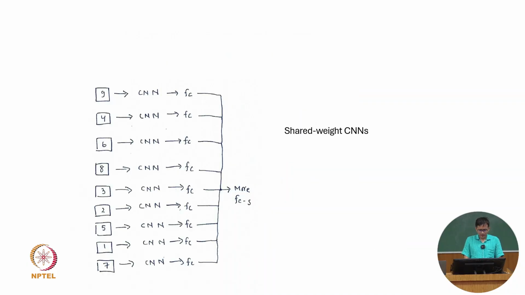So this is how it would generally work, where given each of these patches in the different order, we would be processing through weight shared CNNs.